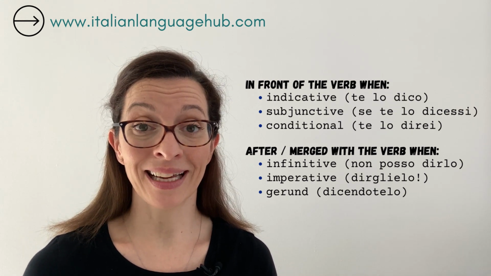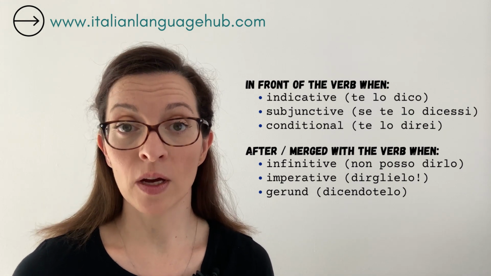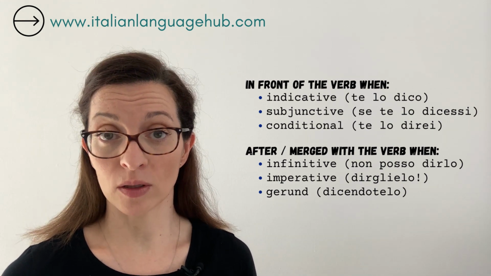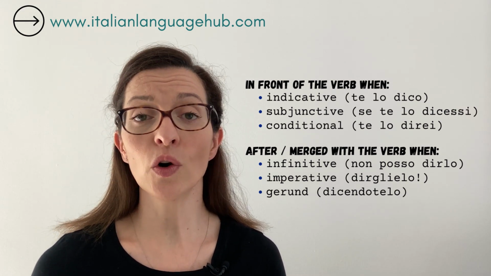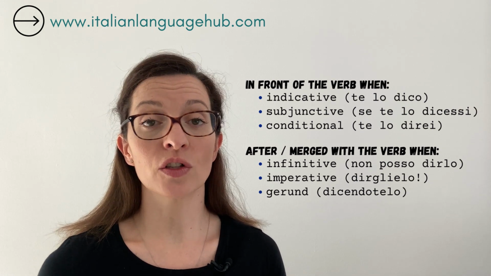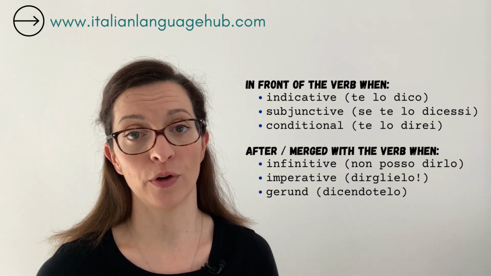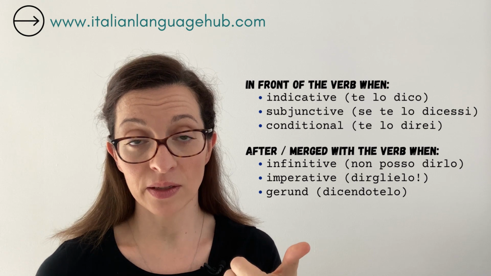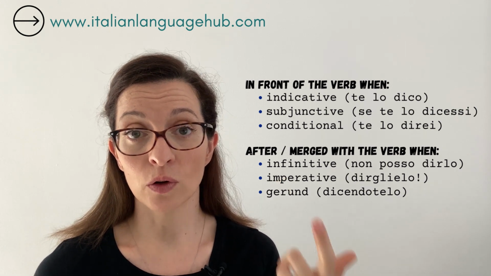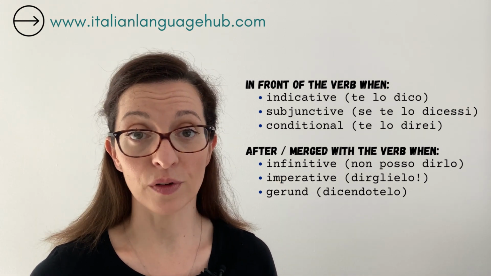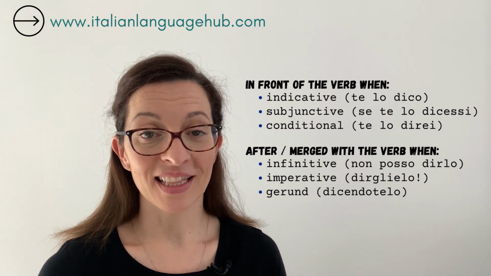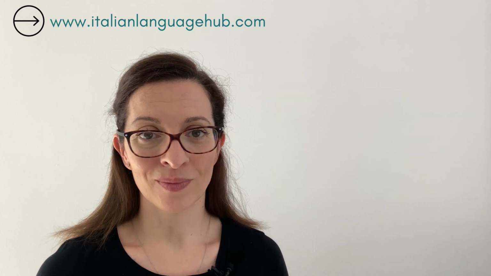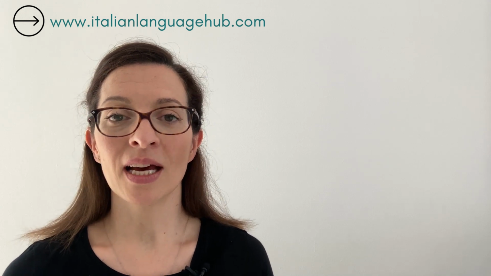Te lo direi, with the conditional form. So with the indicative, the subjunctive, and the conditional, you're going to use them before the verb. They will go after the verb, or also they can merge into the verb when you have an infinitive, an imperative, or a gerund. Look at these examples. Non posso dirlo, dirglielo, dicendotelo.